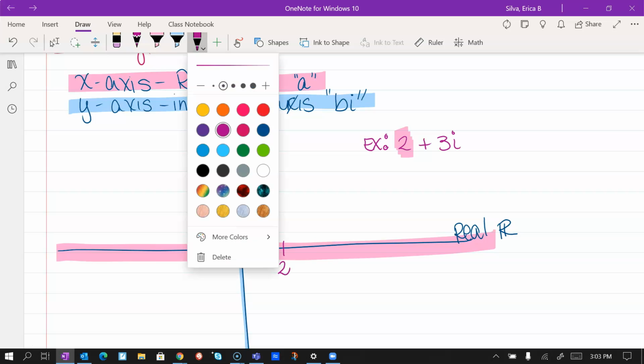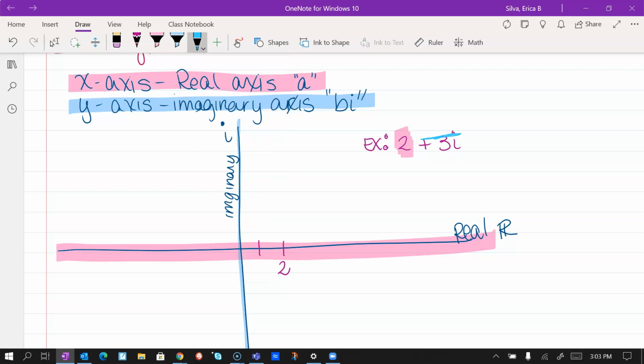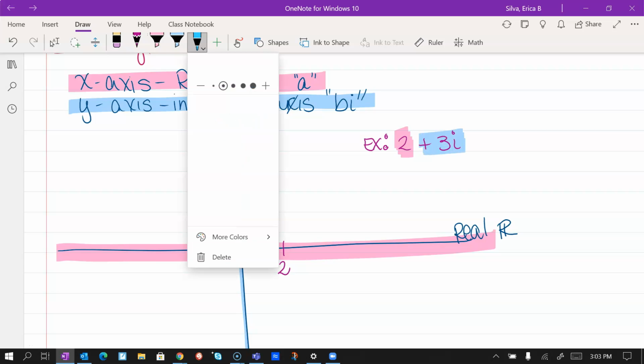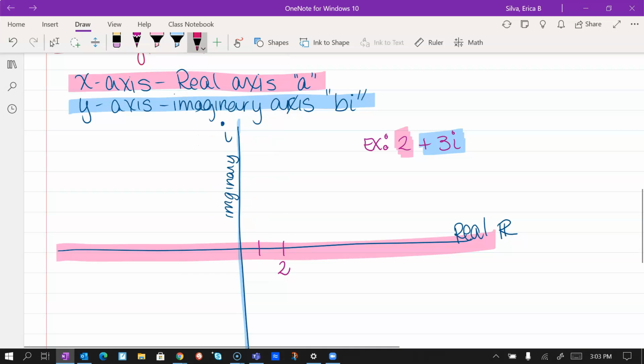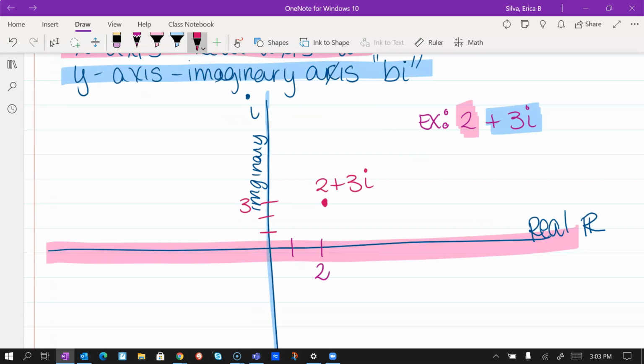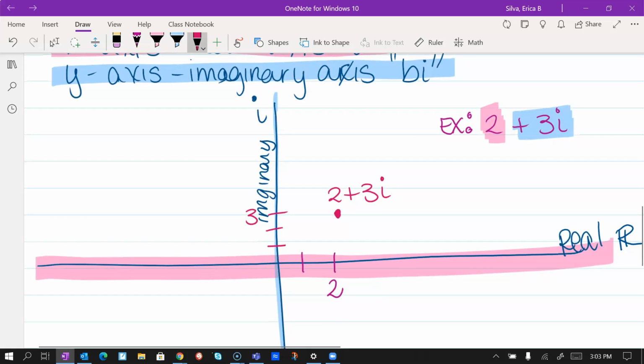And then my positive 3i, we're going to plot it on my imaginary axis. So it's positive, so we go 1, 2, 3. This is 3. So here is 2 plus 3i. Questions so far?